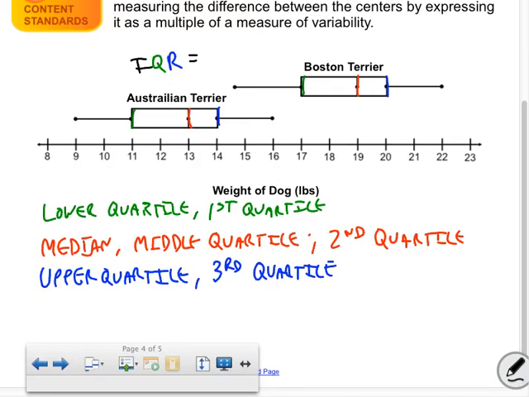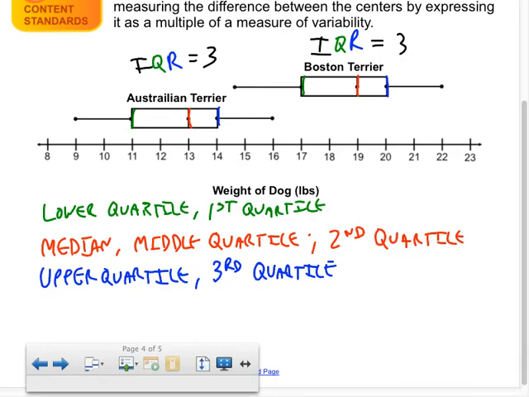Joshua, go ahead. 3. It's 3. Look, we can count. 1, 2, 3, or 14 minus 11. What's 14 minus 11? 3. What's the IQR for the other box-whisker plot? It's 3 again, right? 20 minus 17, isn't that 3? So the IQR equals 3 again for this other box-whisker plot.